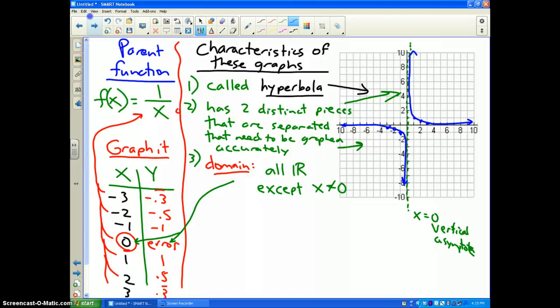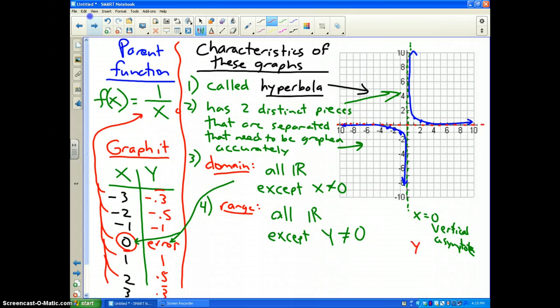The range. The range of all rational functions would be all real numbers except y cannot be equal to 0. You notice the graph does not cross the line y equals 0.